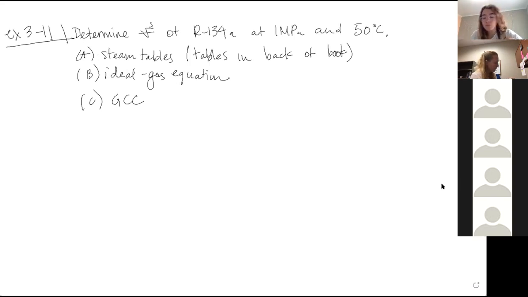Okay. I have another example problem that uses English units, but they don't have the right tables in the international book, so I will not do that.